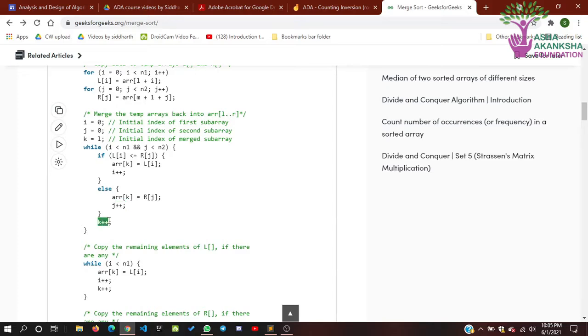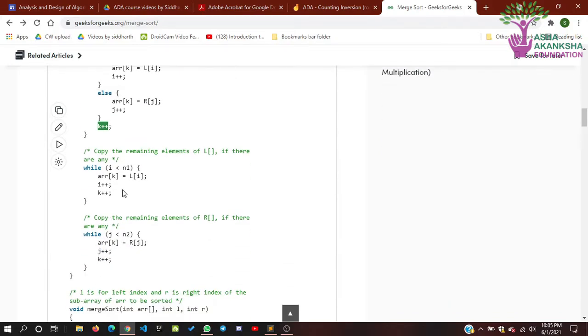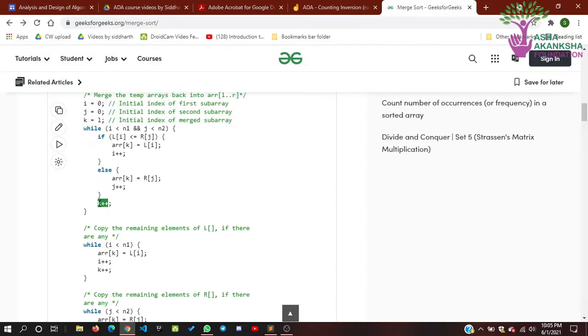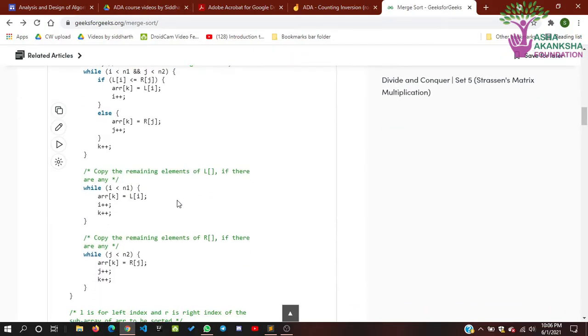And k plus plus, k is the index for the main array, which is always being incremented because the elements are always being stored here. Now the terminating condition of this while loop is either i has become greater than or equal to n1, or j has become greater than or equal to n2.